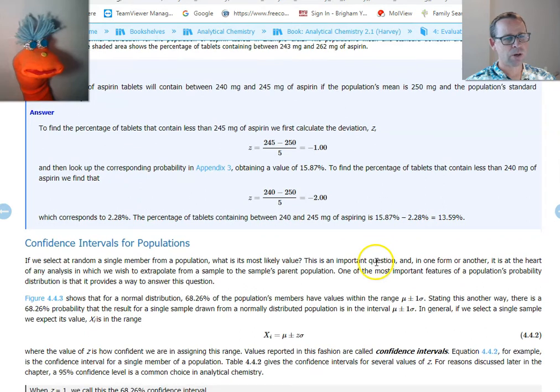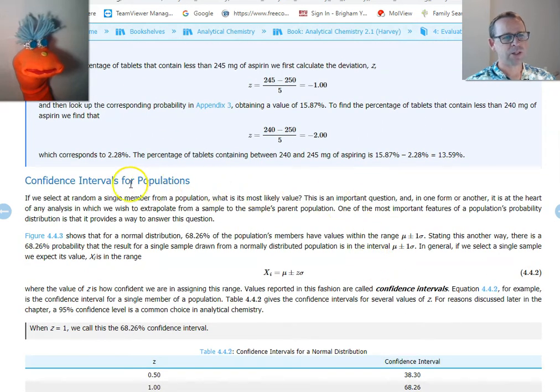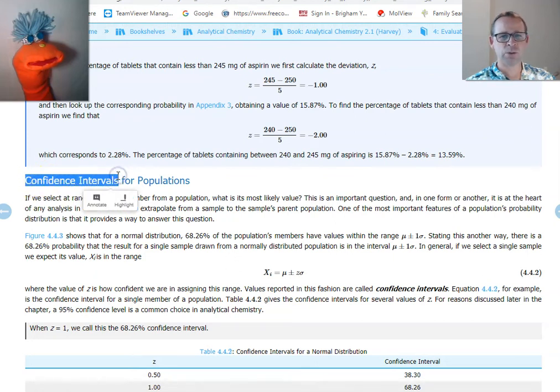All right. So, confidence intervals for populations. A confidence interval is a way to express how confident we are that our results are within the actual population range.